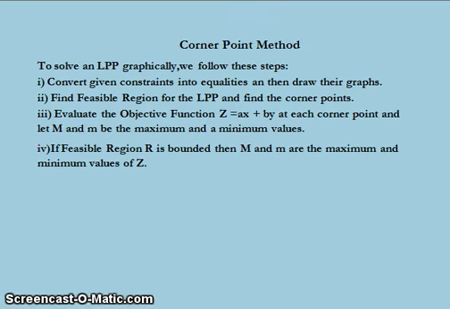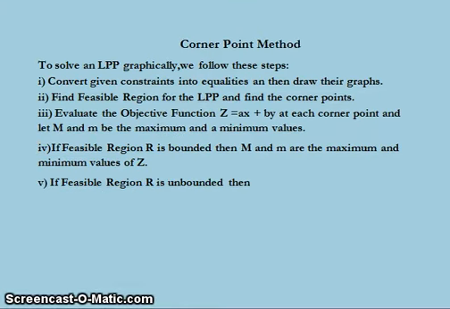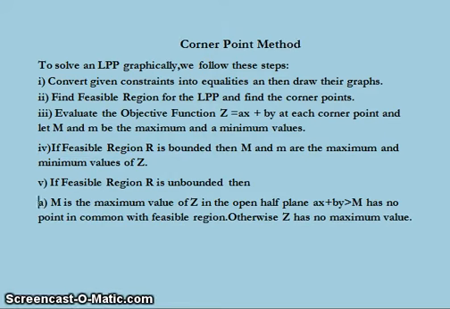As discussed in the previous theorems, if the feasible region R is bounded, then M and m are the maximum and minimum values of Z, and if R is unbounded, then capital M is the maximum value of Z if the open half plane given as AX plus BY greater than capital M has no point in common with the feasible region R. Otherwise, Z has no maximum value.